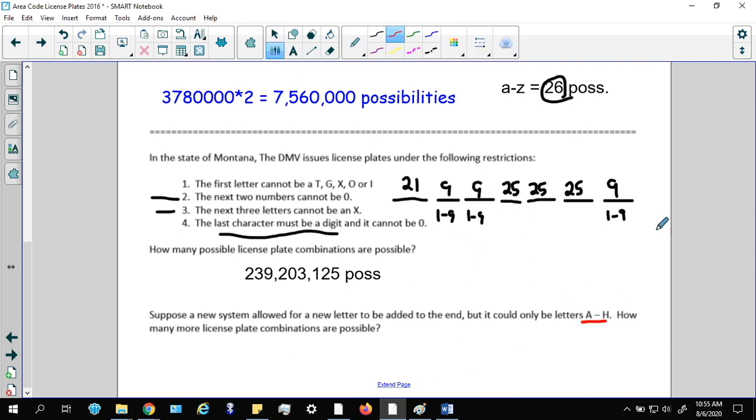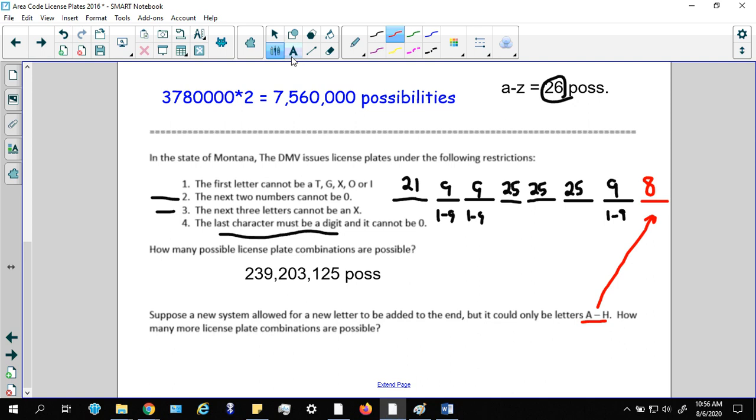A new letter, A through H: A, B, C, D, E, F, G, H. I got 8. Hopefully you did too. So that number's going to get a lot bigger when I multiply all that with that 8 included.